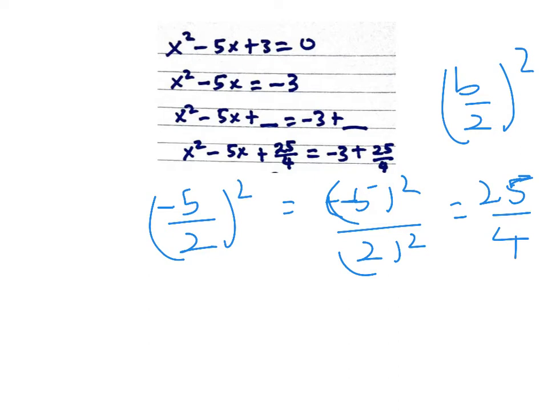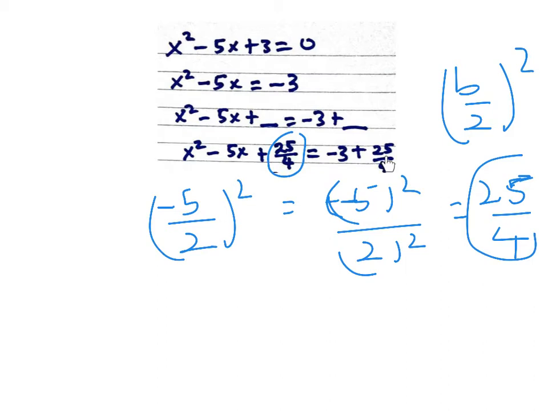So it's the same process, only that we have a number in the denominator now. That's how we got the 25/4 right here. Take half of this and square it. You get 25/4. Now you add that to both sides, to the left side and to the right side.